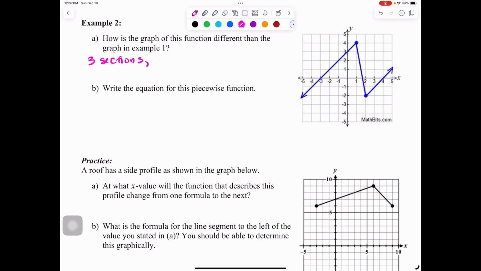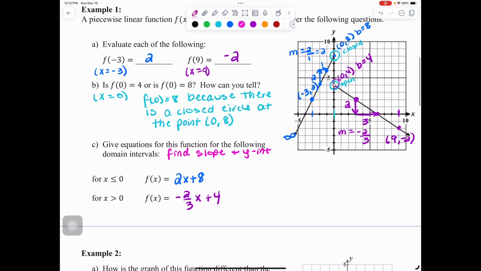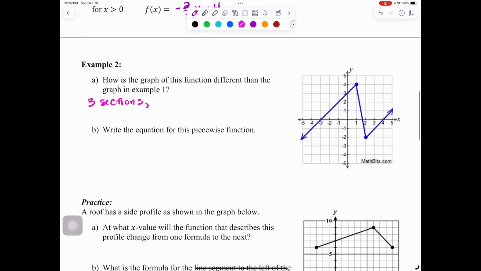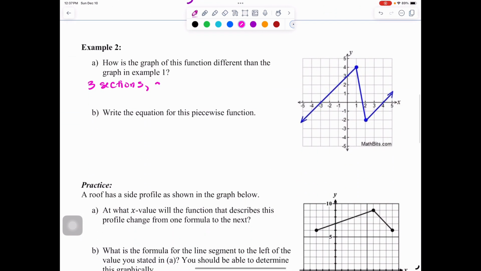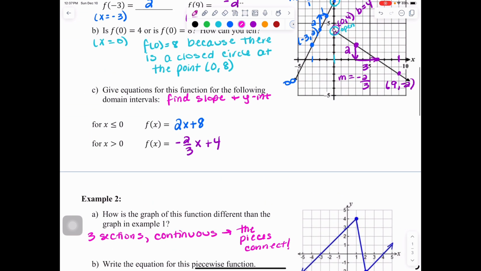The other thing I see is there's no disconnect like in example 1. You see here how there was kind of a jump. It was not continuous. It was discontinuous. Here, we actually have a continuous piecewise function. And what does that really mean? It just means the pieces connect. So we have some choice here. We didn't have a choice in example 1.